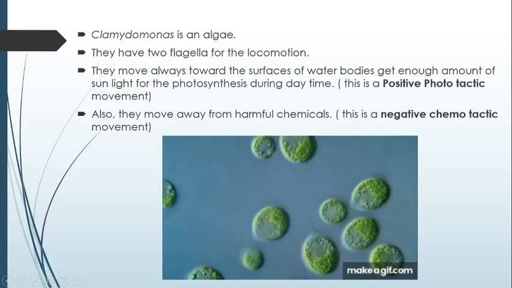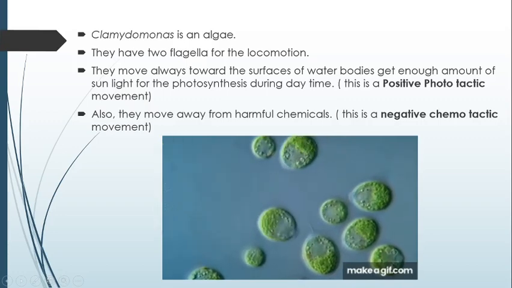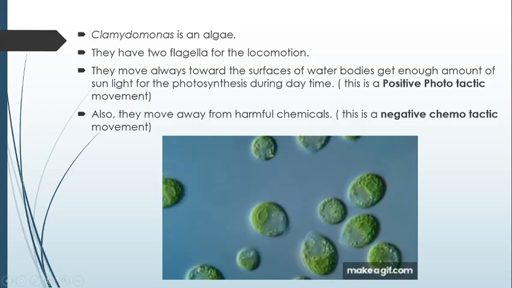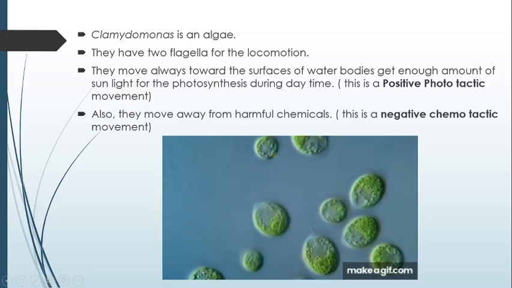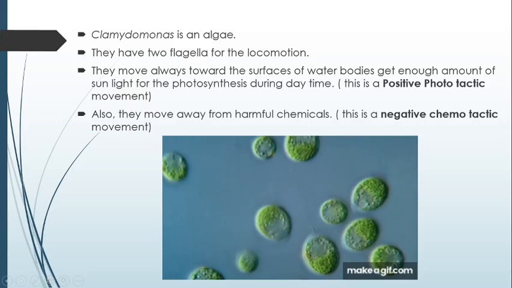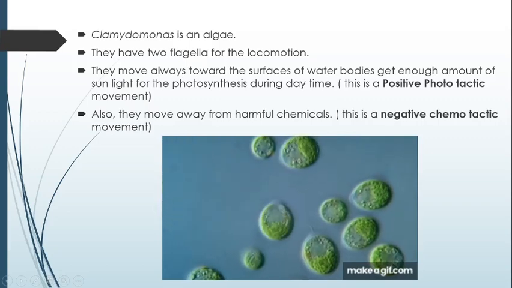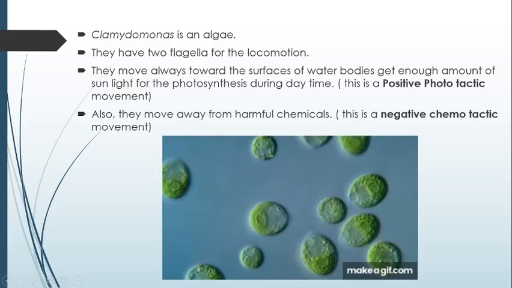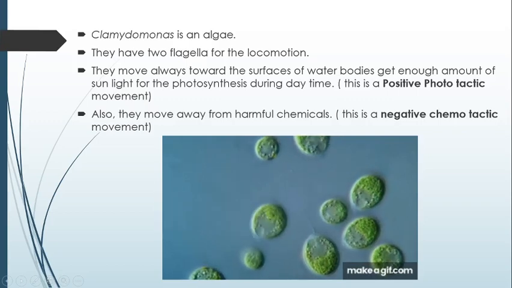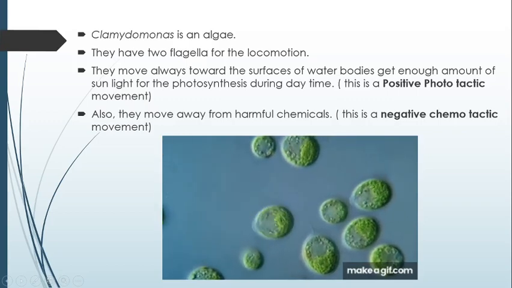So they always repel these harmful chemicals. So it is a negative chemotactic movement. So these are two examples of tactic movements, and it is very easy to observe these tactic movements using these Chlamydomonas.